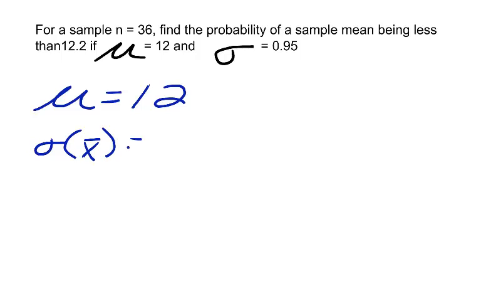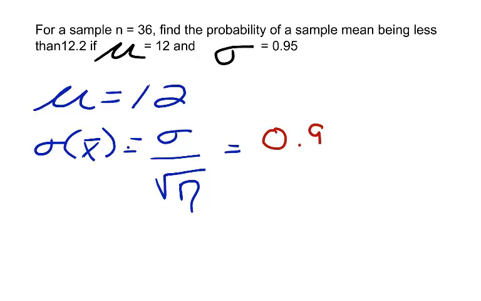In other words, the standard deviation of our sample means is equal to sigma, our population standard deviation, divided by the square root of n, our sample size. In our case, we're told that sigma is equal to 0.95. We're also given a sample size of 36.